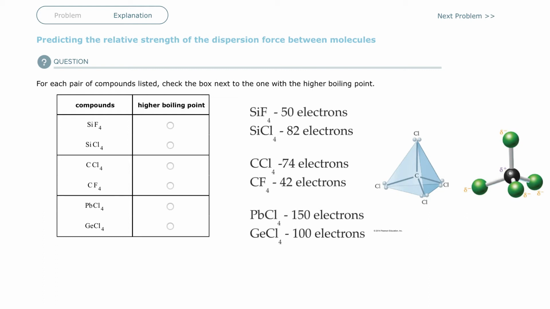All of these are like that, and you have to rank them by boiling point. So if you can't use anything but dispersion forces, what are you going to do? Well, if you think about what a dispersion force is, it's a momentary chance of one side having more negative charge than the other.